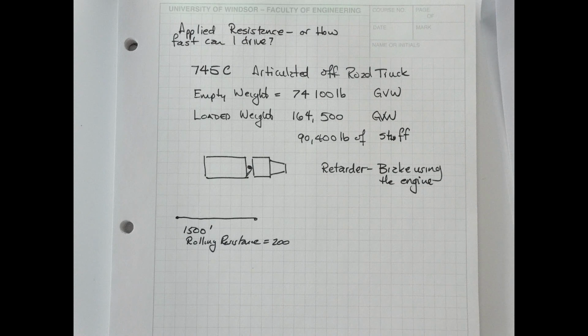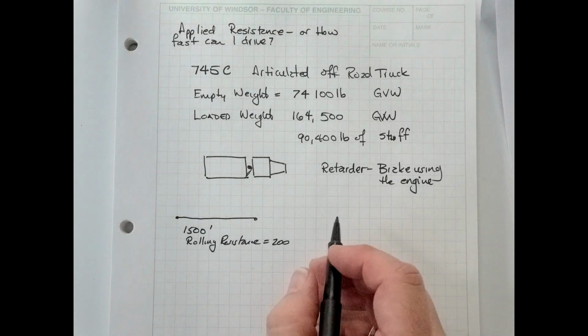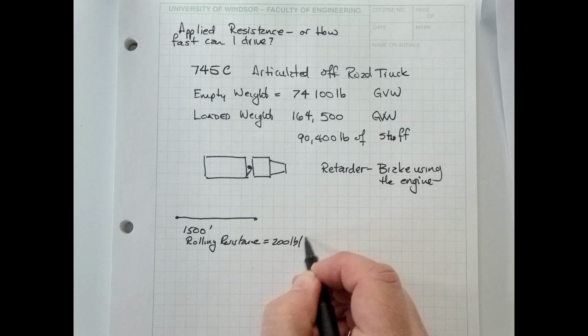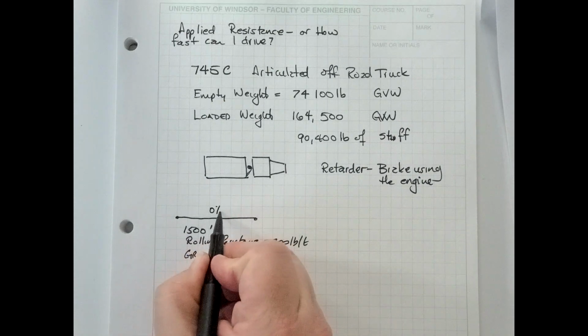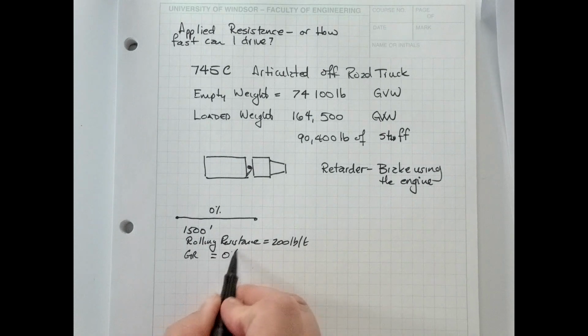We have a grade resistance as well, and our grade resistance, this is a 0% slope, so our grade resistance is equal to 0%.